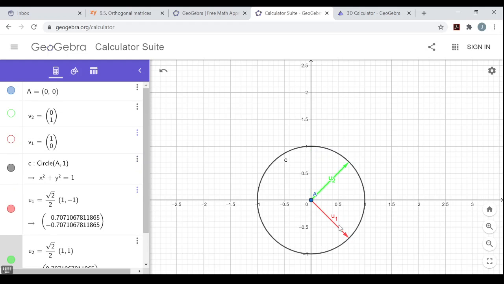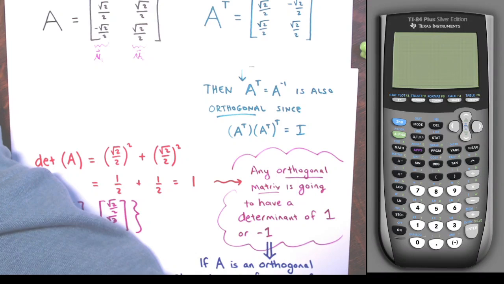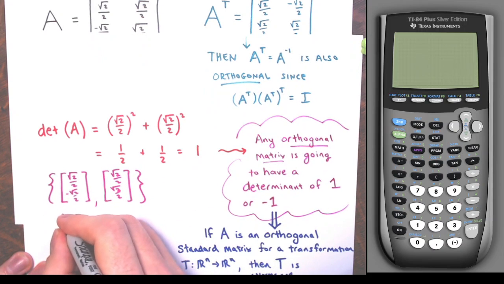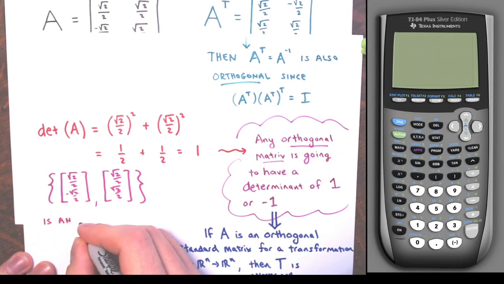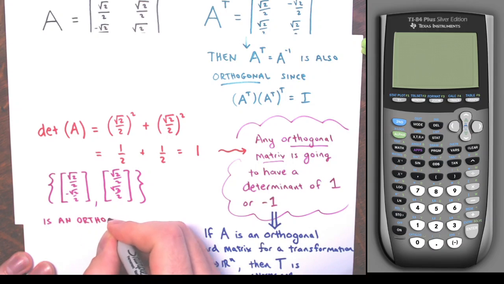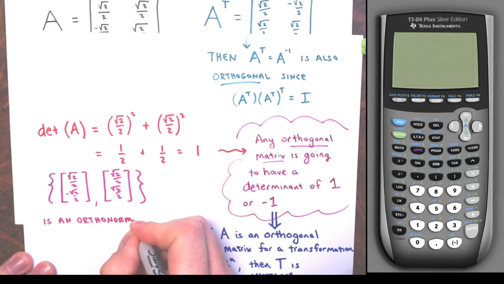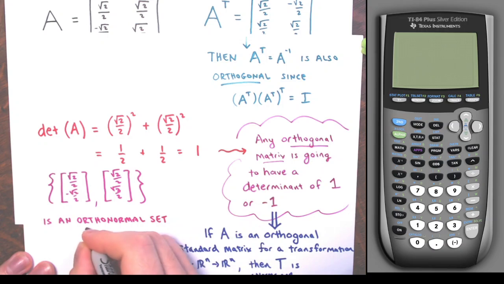See how they're both a unit long. They both point to a point on this unit circle. And they're orthogonal. Well, what kind of a set did you call that? When you had vectors that were orthogonal to one another and also all unit vectors, that was an orthonormal set. In fact, it's an orthonormal basis for R2.